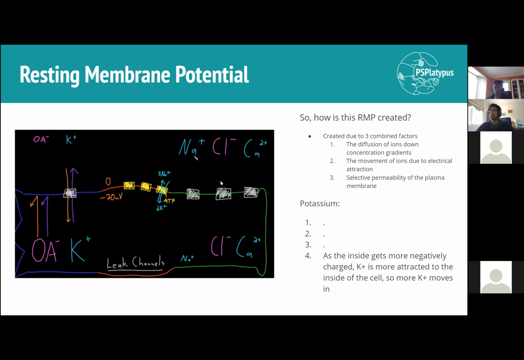But you're going to have chloride also rearranged. We're going to talk about chloride later, and that's an anion, which, I can't remember exactly, either moves in or out of the cell. The organic anion, however, cannot leave the cell, because it doesn't have a channel, and also because it's too big.